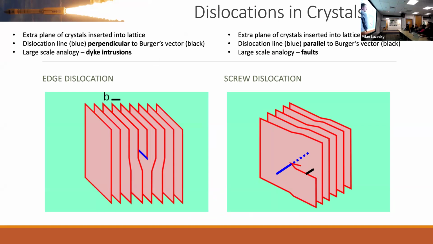And if you imagine dikes in a volcanic system, you're injecting something, jacking it over, and your extra thing goes in there. That's your extra plane there. That's more like dikes. For faults, the screw dislocation is where that dislocation line is parallel with the Burgers vector, and you're inserting an extra plane of crystals along that. So we are dealing with the screw dislocation approach here.